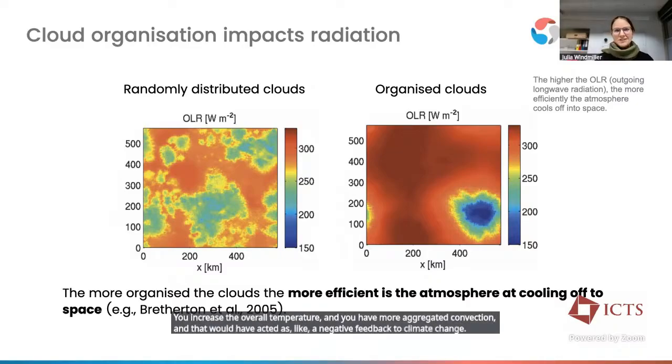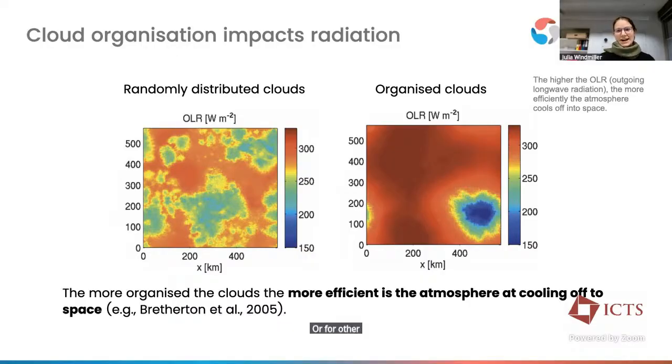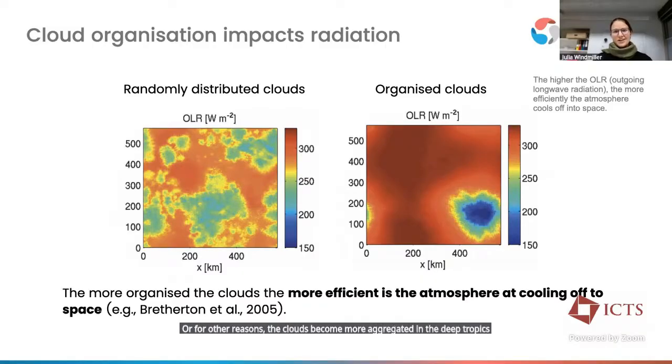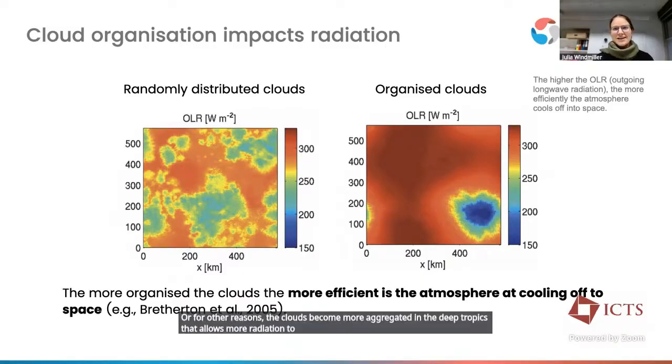So you increase the temperature, for other reasons, the clouds become more aggregated in the deep tropics. That allows more radiation to escape to space, and that wouldn't counterbalance the global warming, but it would be a negative feedback.